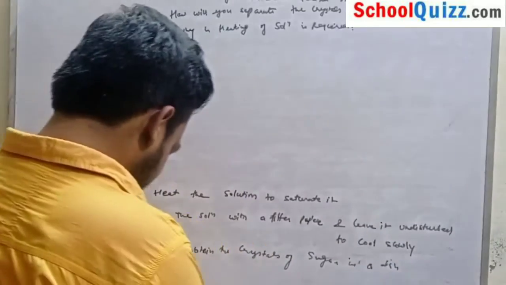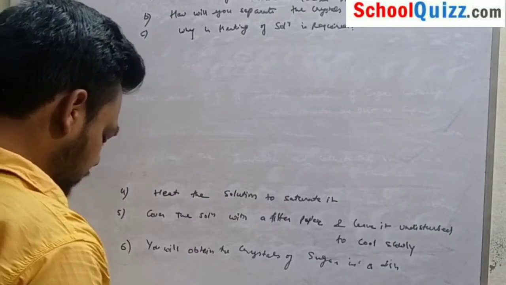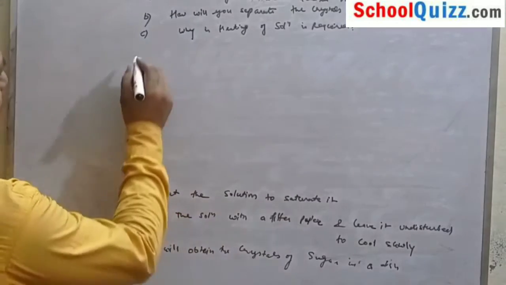We observe that crystals of pure sugar are formed in the china dish.